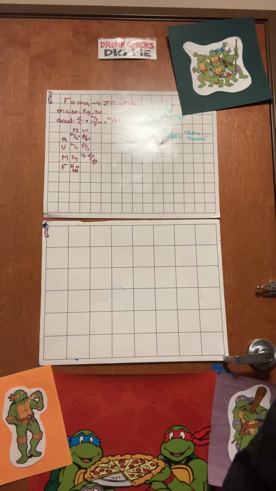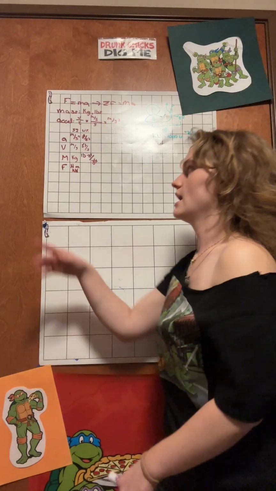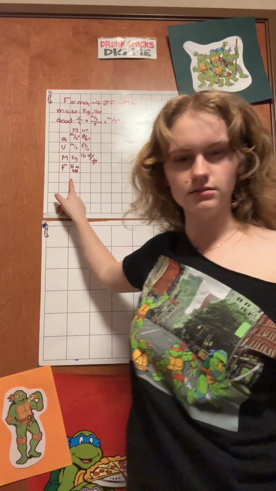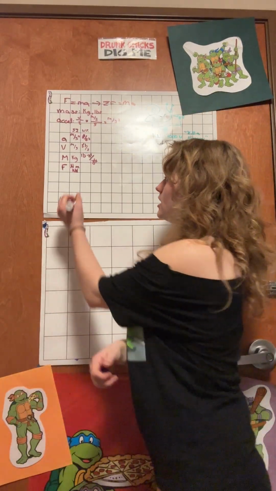Okay, so if we got newtons in Croatia, and the British have kilonewtons, what do Americans have? Pounds. Oh, tricked ya, huh? Tricked ya.